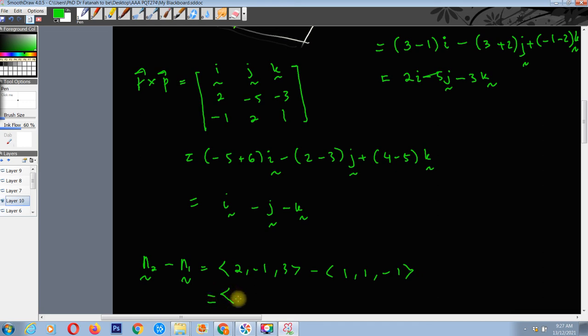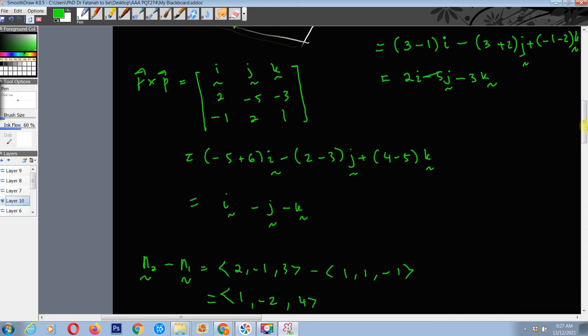So we will have 2 minus 1, which is 1, then negative 1 minus 1, so negative 2, and then 3 minus negative 1, so 3 plus 1, 4. Okay, so this is the normal.